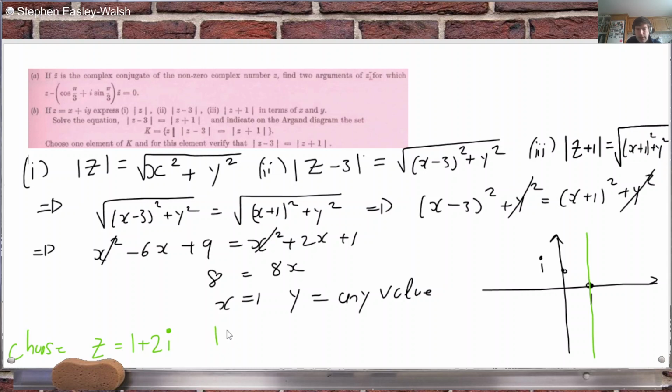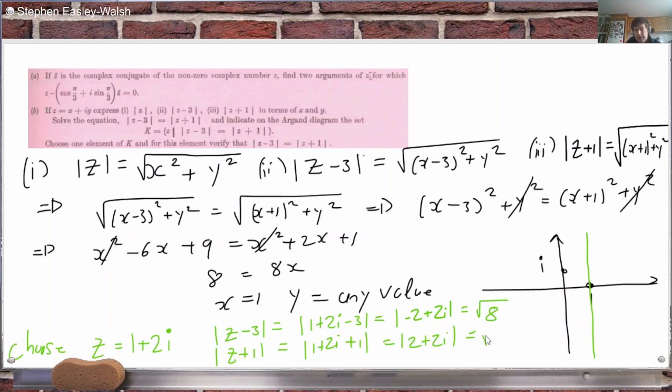So the modulus of z minus 3, that's equal to the modulus of 1 plus 2i minus 3, which is the modulus of minus 2 plus 2i, which is the square root of 8. And likewise, the modulus of z plus 1 is the modulus of 1 plus 2i plus 1, which is the modulus of 2 plus 2i, which is also root 8. So they are equal.